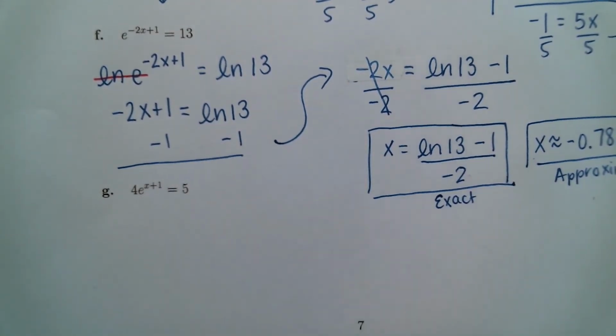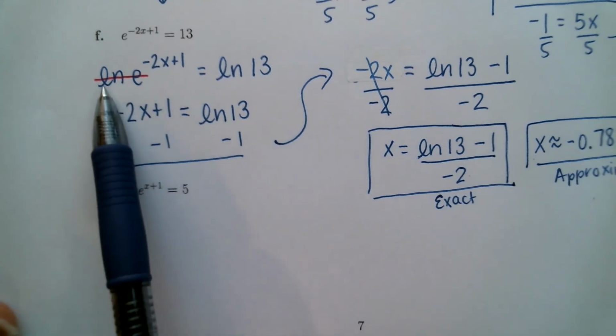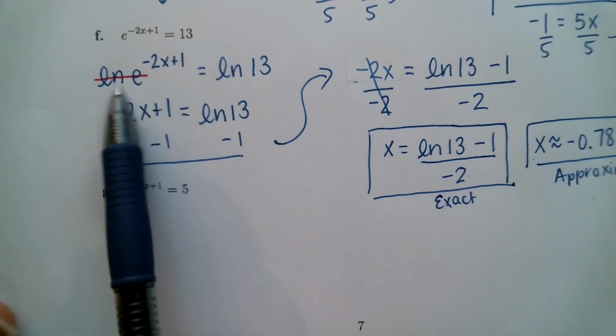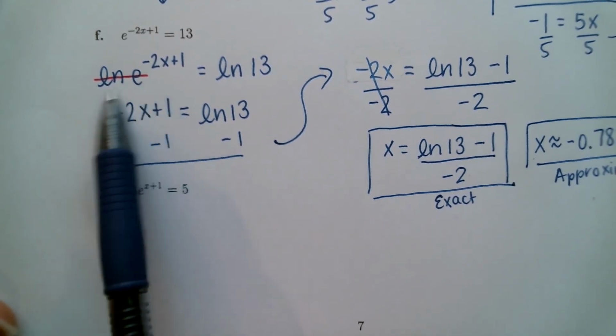Since it involves an e, there's no way you're going to be able to get the bases the same on both sides. So like I told you, you need to first get the exponential part, the base and the exponent, isolated. Remember what we did here: we took the ln because then that would put ln and e side by side and they would cancel out.